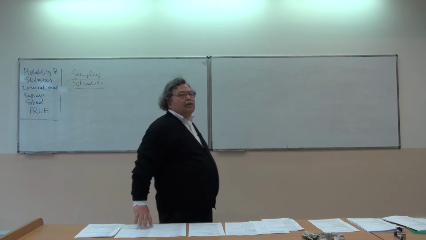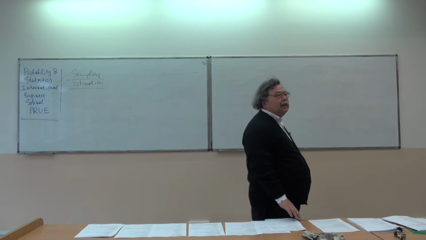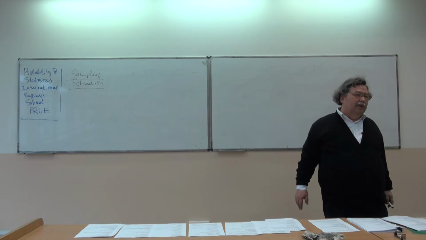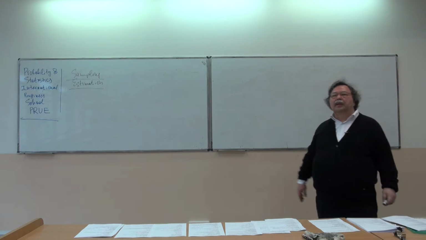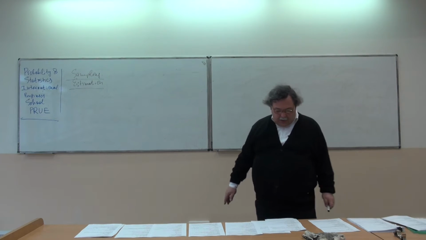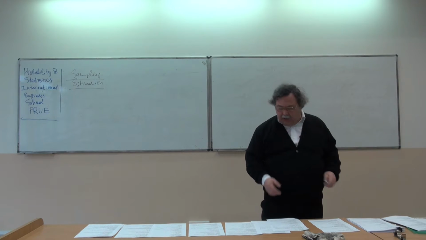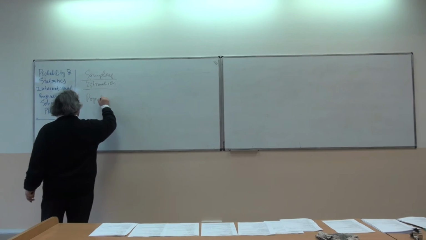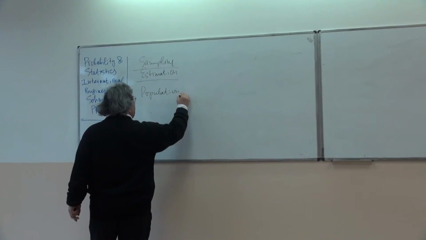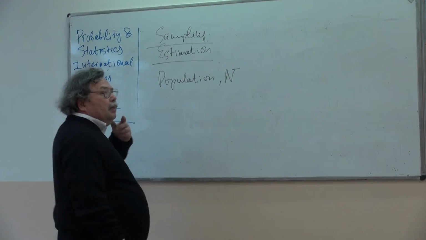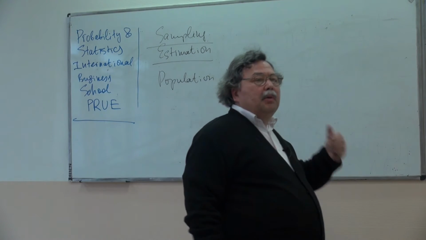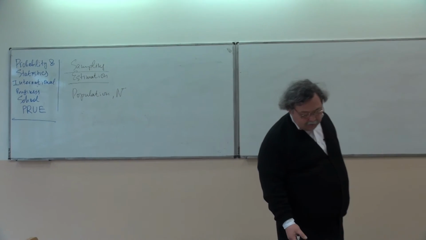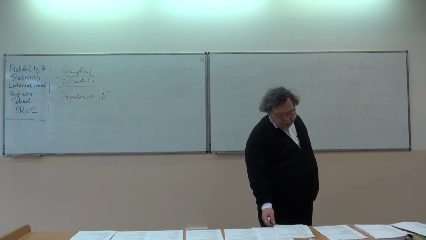And please do not misunderstand it. It's not necessarily about a human population or an animal population, okay? It can be any collection of objects. So we talk about a population, and we say that the population has size N, and capital N is more or less standard notation for the population size.